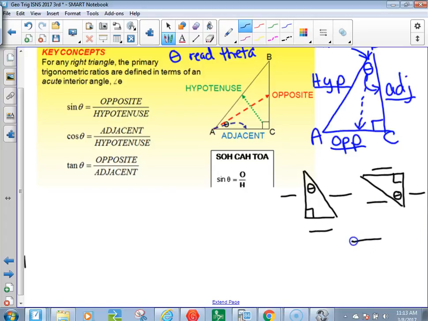We had one more down here. So no matter which way we turn it, we want to know what to name those sides. Okay, if you feel comfy with highlighting your hypotenuse, if you like to get that out of the way, they're always across from the right angle.